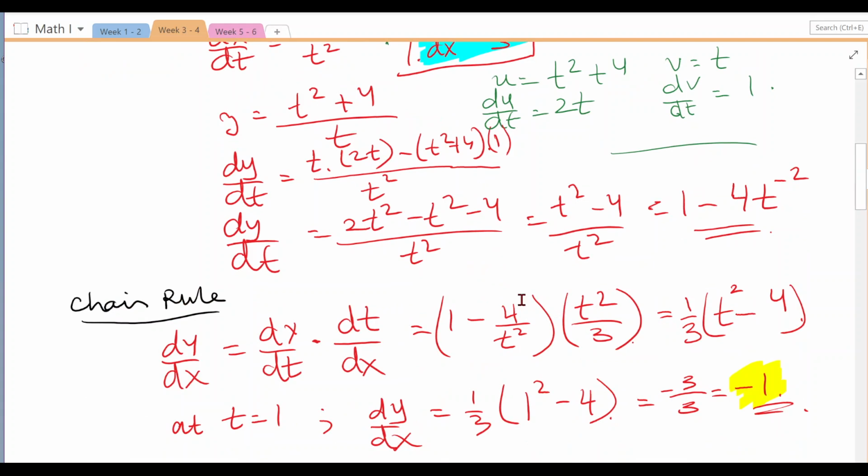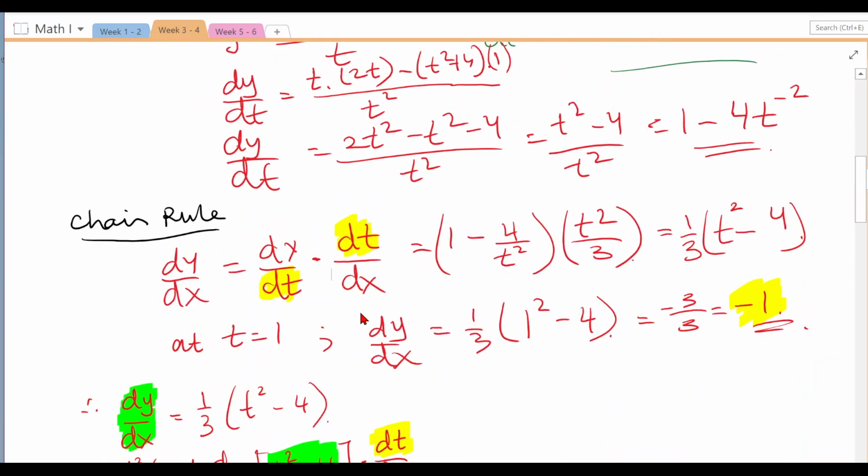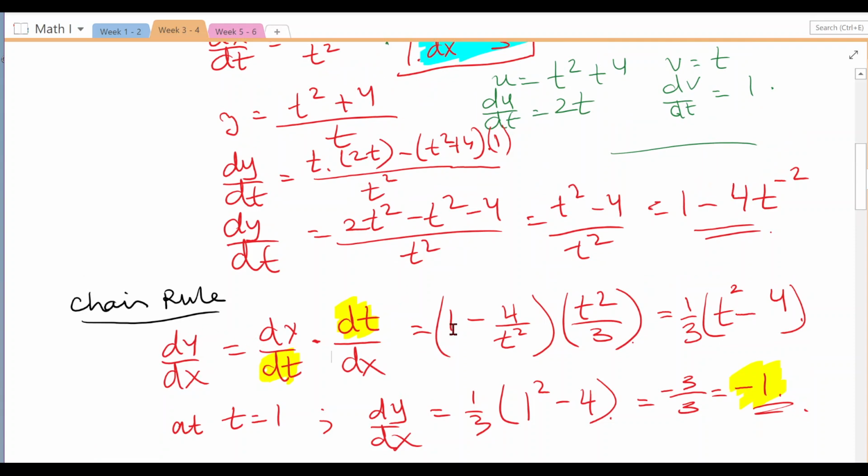That's our dy/dt. The question was asking for dy with respect to x. The derivative of y with respect to x can be written as dy/dt times dt/dx. As you can see, dt can get cancelled, and we have the information of dy/dt, which is 1 minus 4 over t squared, and also dt/dx, which is t squared over 3.